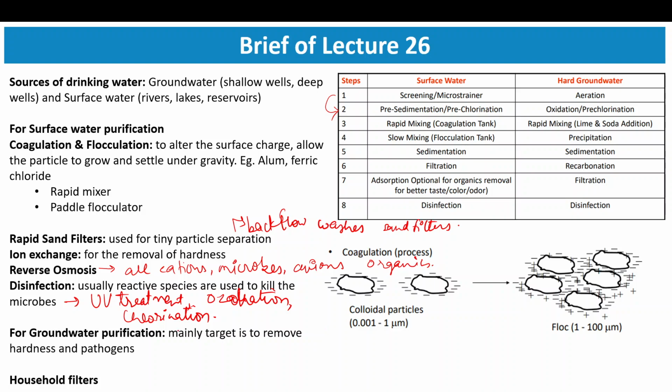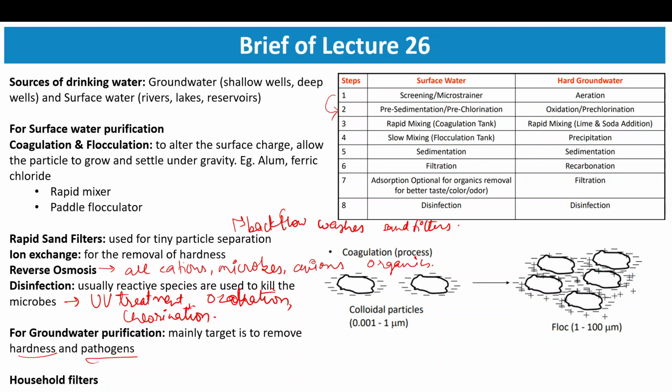Next is groundwater purification. Mainly, our target will be to remove the hardness and pathogens. Why hardness? Because in groundwater there are various nutrients dissolved from soil, and since groundwater is below the soil, there are chances that water comes in contact with soil, and nutrients leach out.